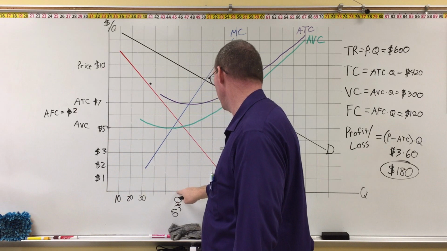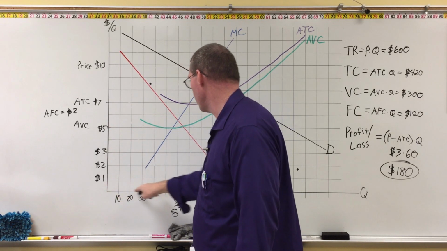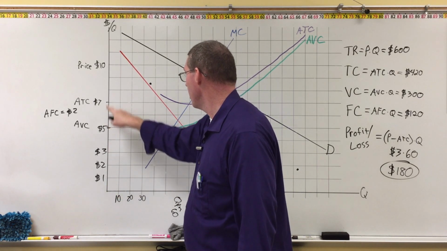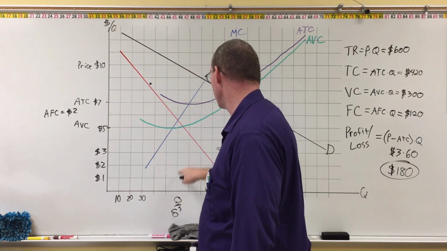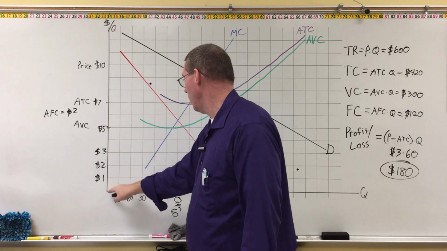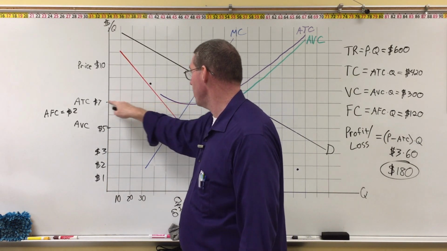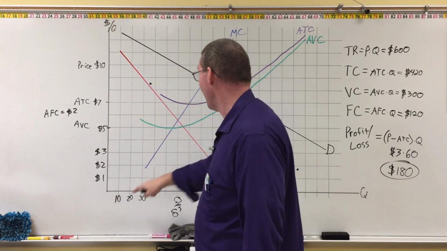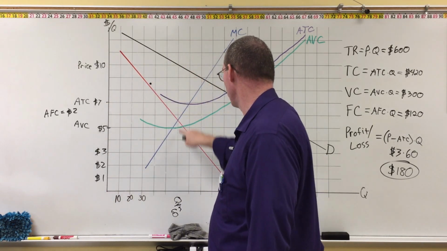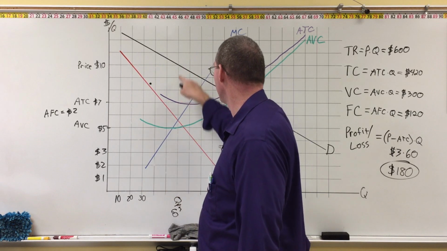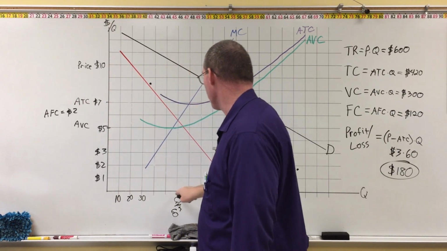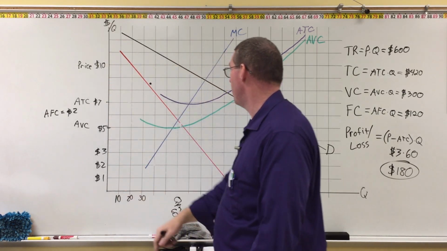This rectangle right here represents the variable cost of the business. This rectangle that includes both the fixed cost and the variable cost is the total cost of the business. And this really large rectangle right here that goes from here up to the demand curve and over here represents the total revenue of the business.